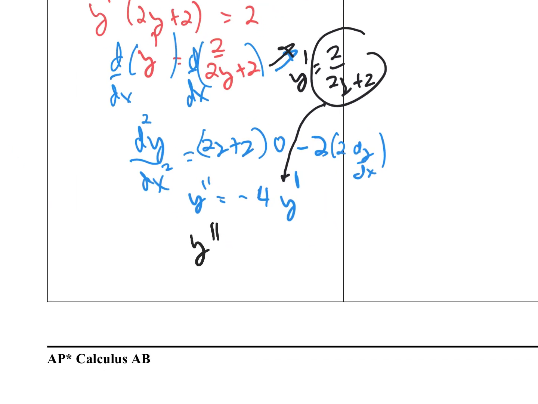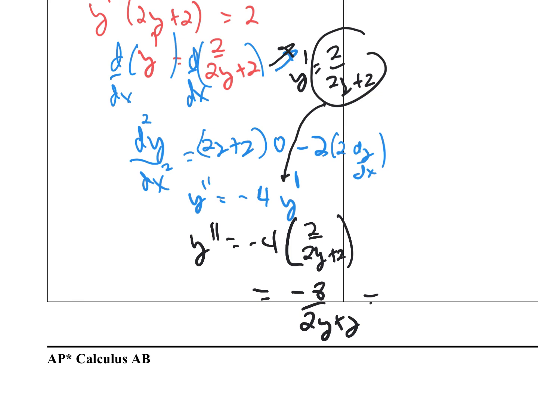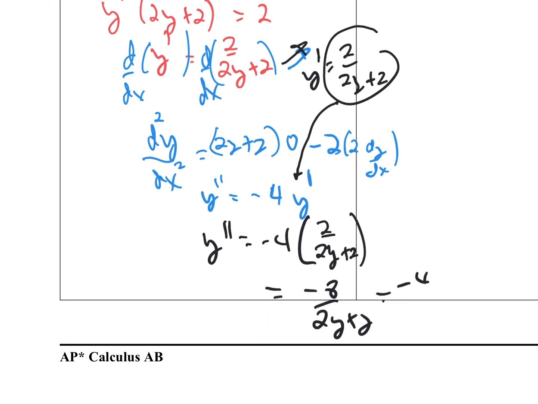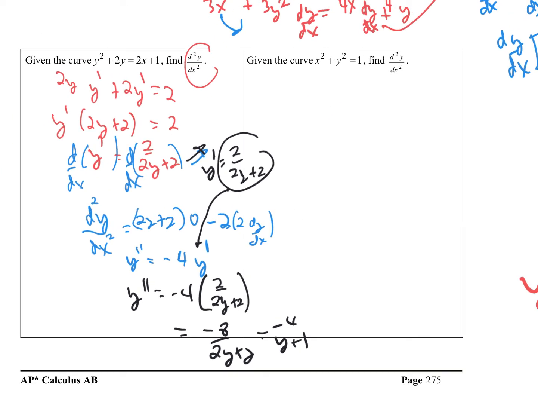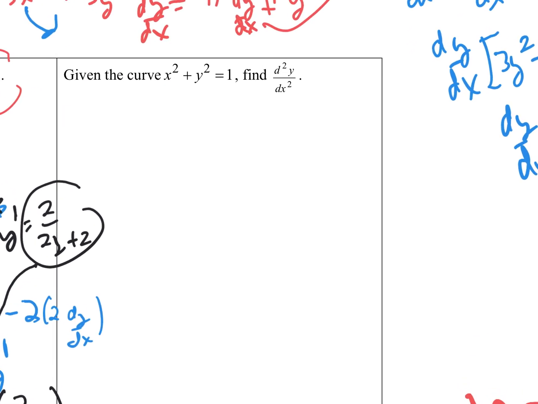My second derivative is negative 4 times that first derivative, 2 over 2y plus 2, which is negative 8 over 2y plus 2, which reduces to negative 4 over y plus 1. There's your second derivative.